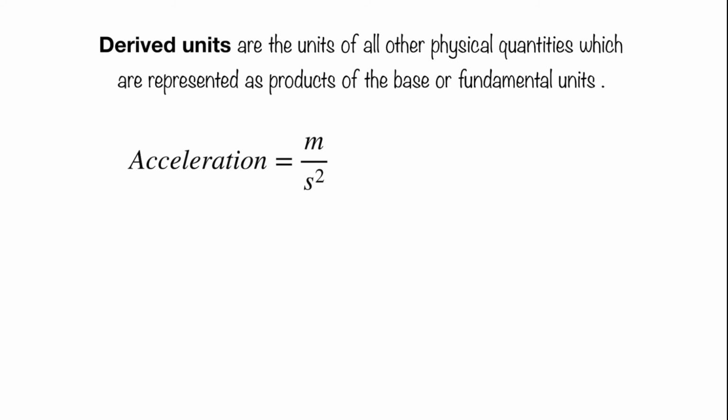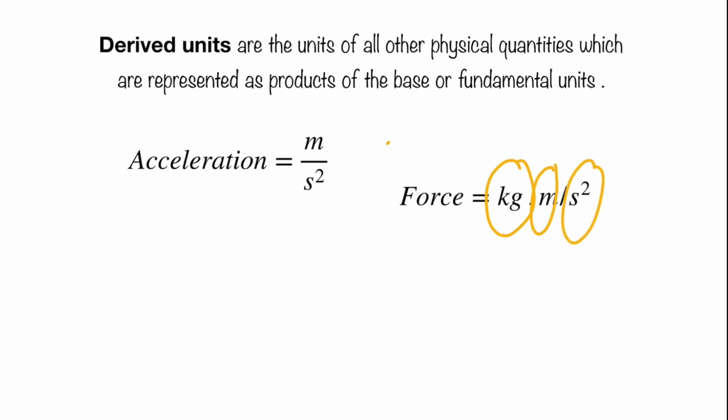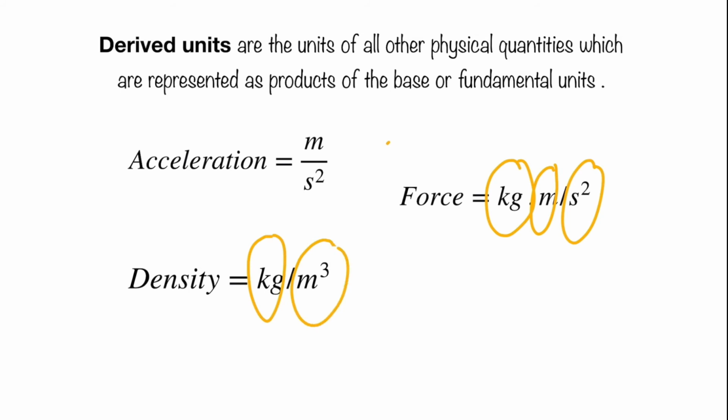Acceleration has a unit of measure of meter per second square, which is basically a product of meter and the reciprocal of time square. Now check out force. Force uses the fundamental base units of mass, length and time. What about density? Density is kilogram per meter cube, which uses the mass and length units of measure.